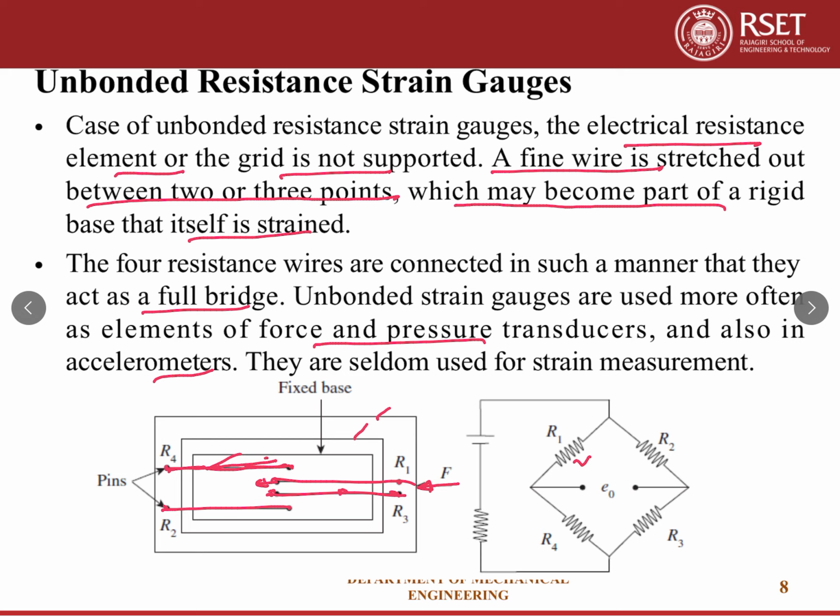And these 4 resistances are connected to a Wheatstone bridge. They act as the arms of the Wheatstone bridge. So by measuring the voltage change on the Wheatstone bridge, you can measure the change in resistance and thereby strain.